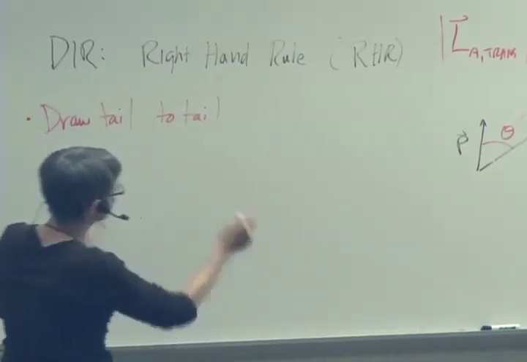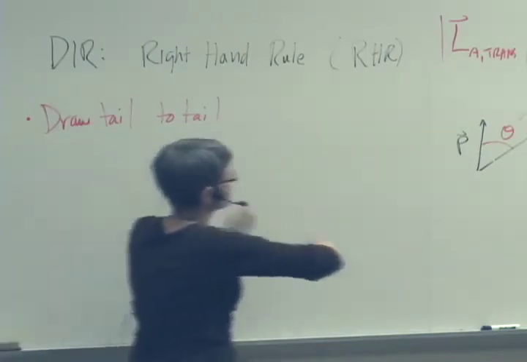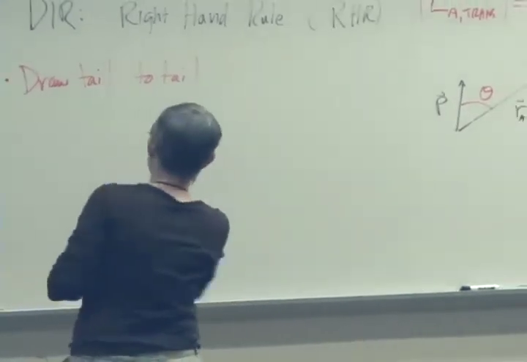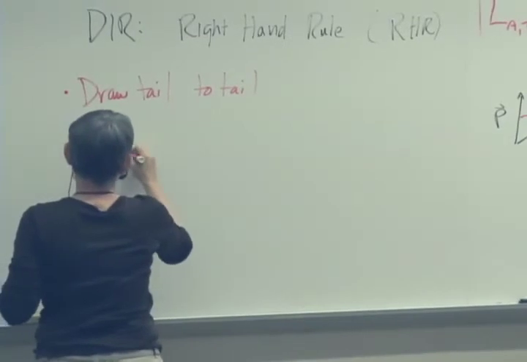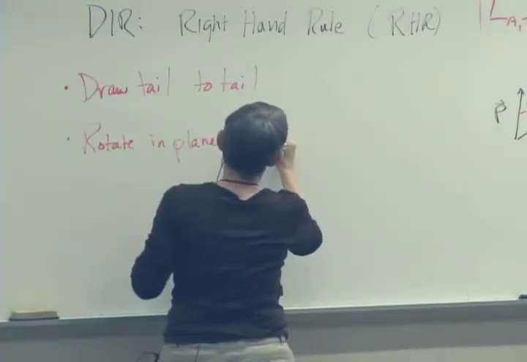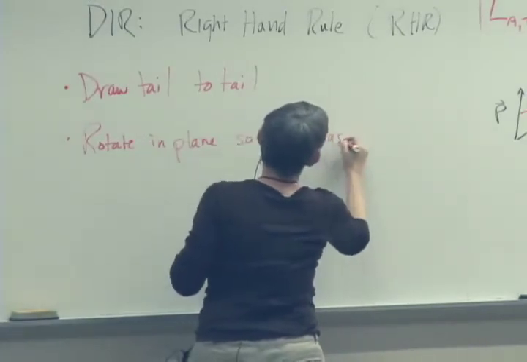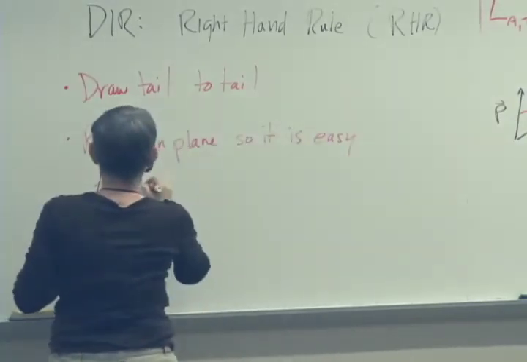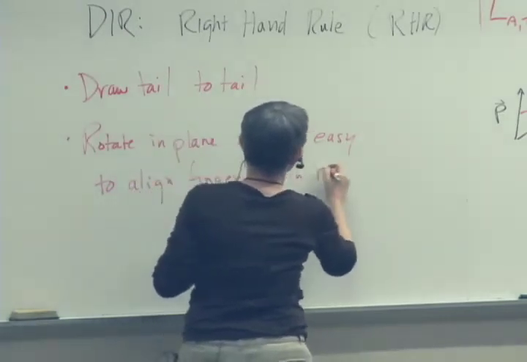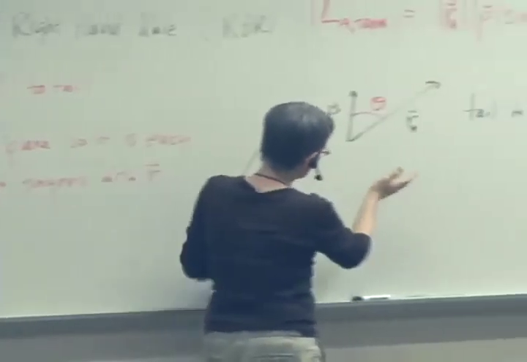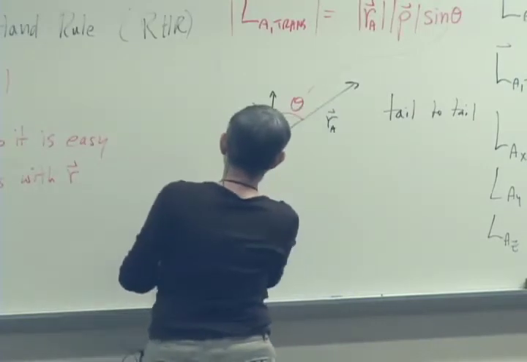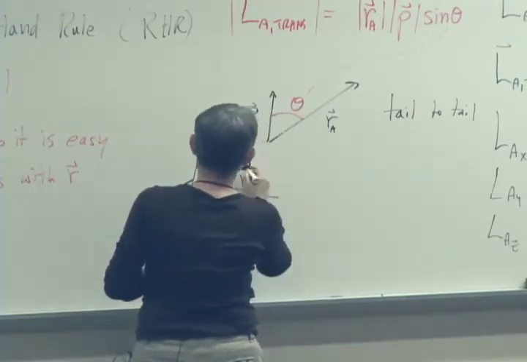The next thing is now you get to rotate this whole assembly in the plane until it's actually easy to point your fingers in the direction of R, without changing the angle. So it's easy to align your fingers with R, or with the first vector, because the cross product is going to be the same no matter how these vectors are oriented.